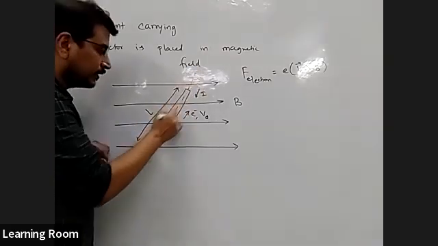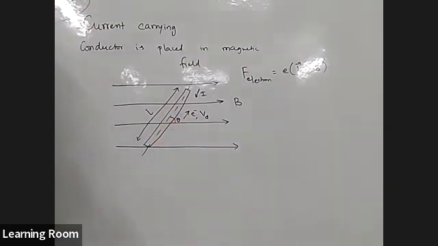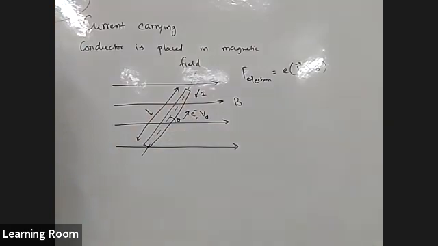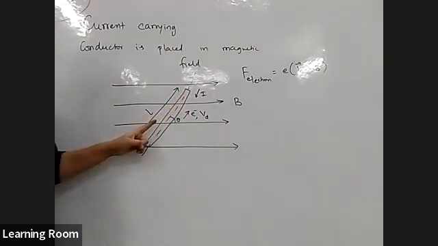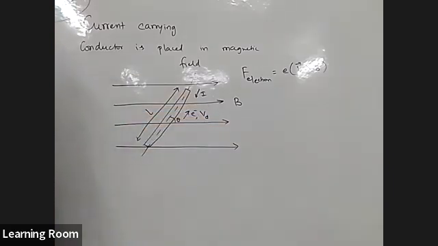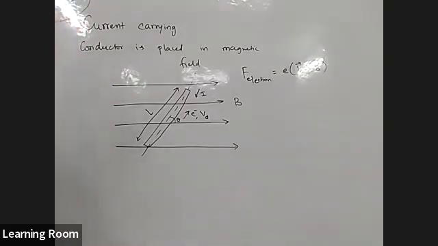So let's say this is the axis. This axis is making an angle theta. When I say the axis is making an angle theta, what will happen to the velocity of this particle? The velocity component is also making an angle theta with the magnetic field. Correct. So E into V vector cross B vector.